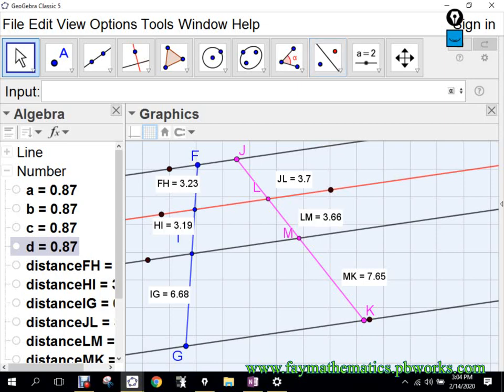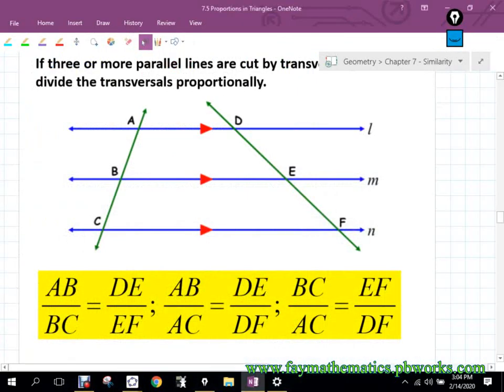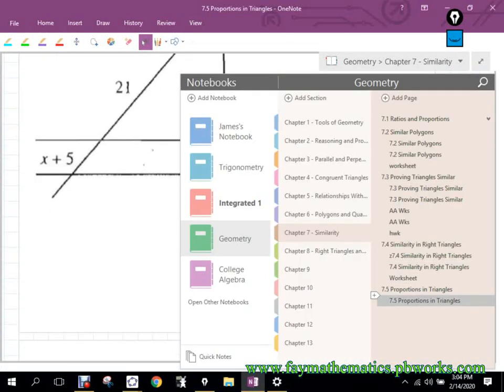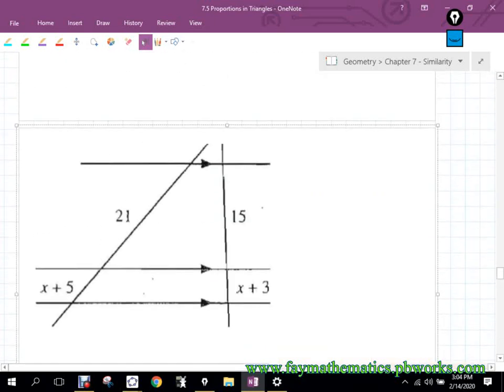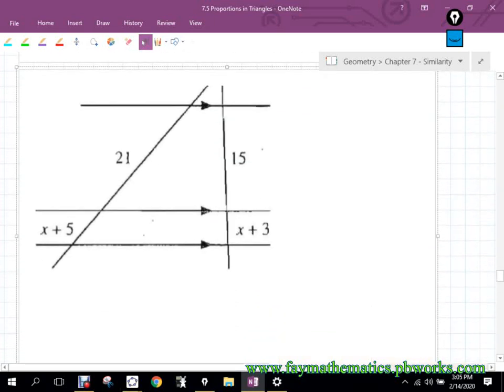So when you get questions that look like this, and they ask you to solve for x, there are a lot of different things you can do. Let's say I take 21.